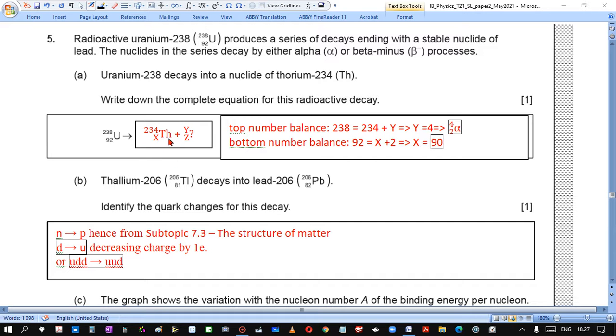So I added thorium-234 with atomic mass; X is unknown, the particle is unknown, but from the top number balance we understand the particle has 4 nucleons, so it is an alpha particle. It means that Z is also 2. If Z is 2, X is 90. So for thorium, proton number is 90, so finished.